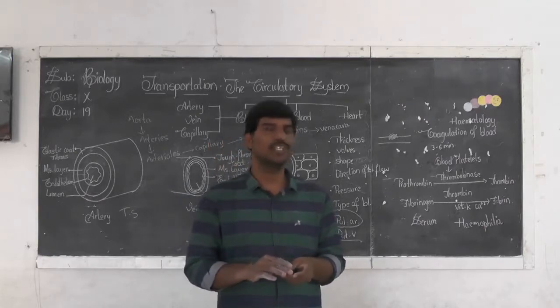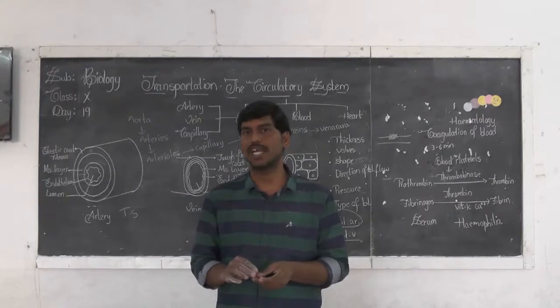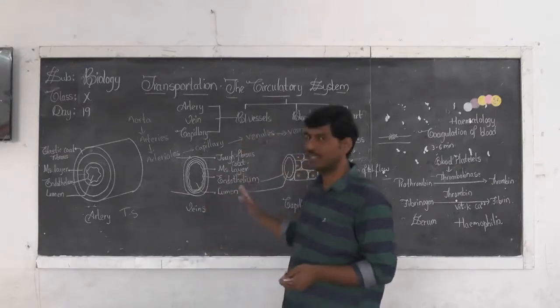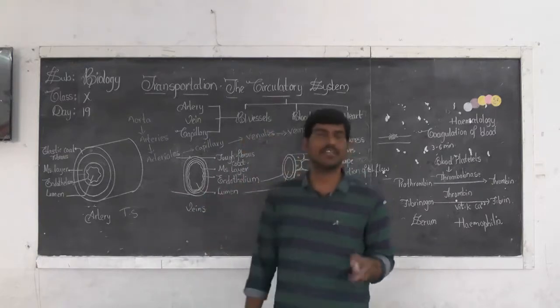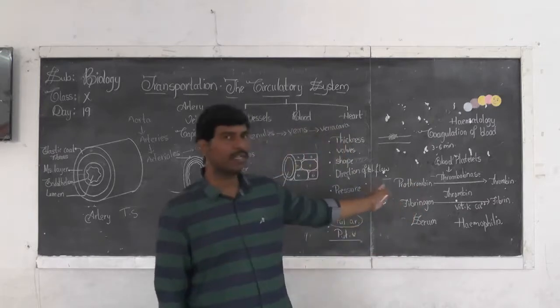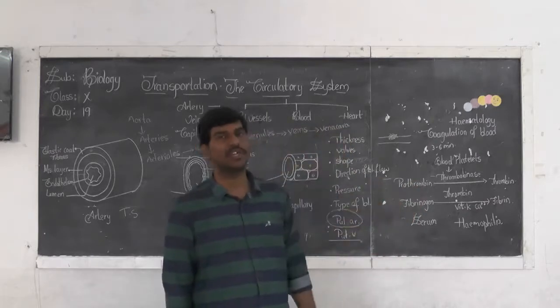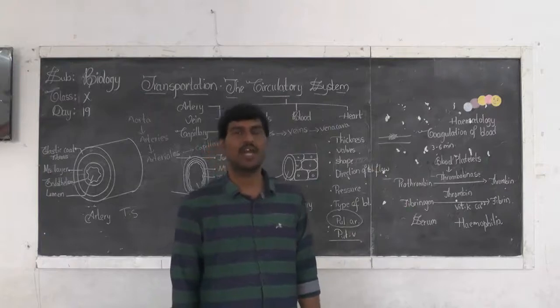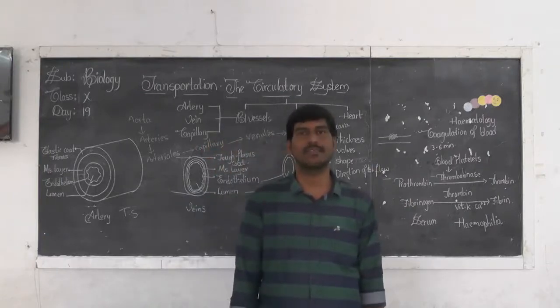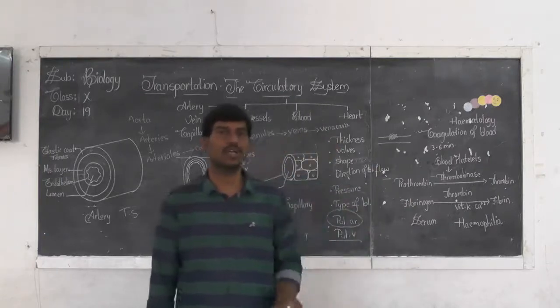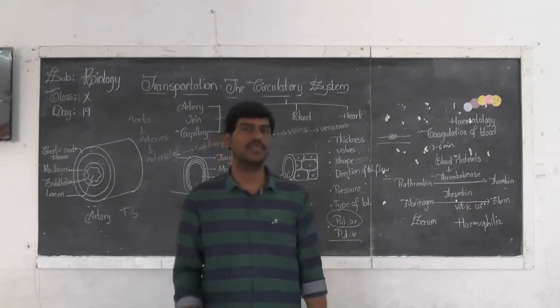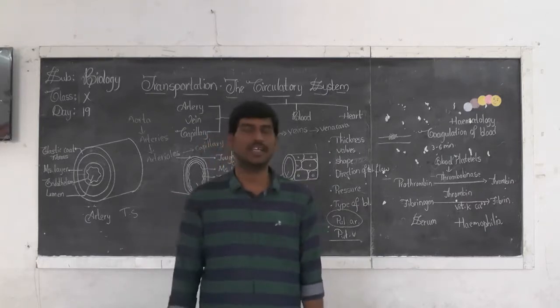Okay children, this is about today's class, where we have studied the different types of blood vessels and the role of blood platelets, which you haven't seen in your class 9. For today's home assignment, you need to list out the major differences between arteries and veins.